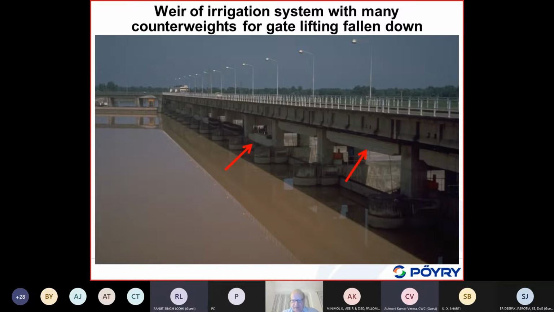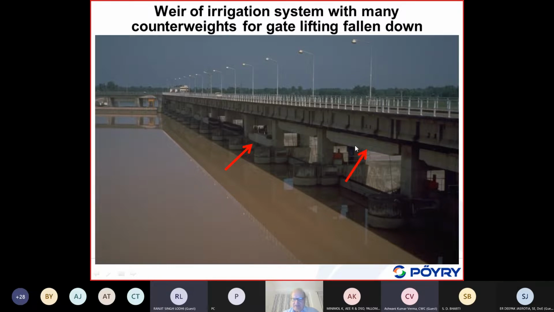And operating these gates is important for the hydromechanical engineers. For gate operation, you use different systems, but you have here many openings. Okay, you see here, for operating these gates, you have counterweights.